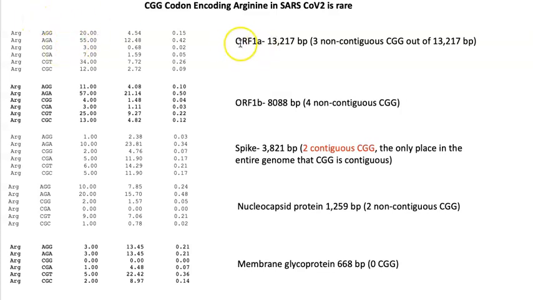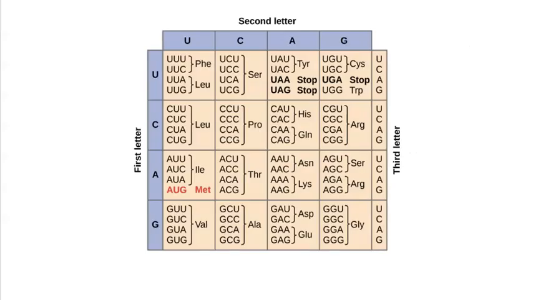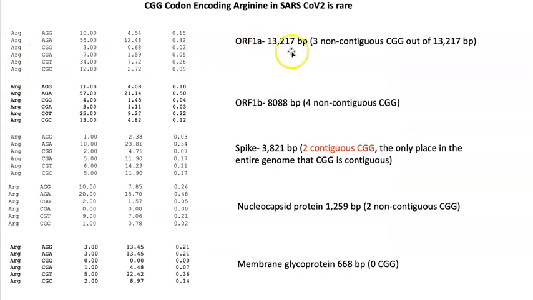If we look at ORF1A, for example, this is a big region of the SARS-CoV-2 genome. It's 13,217 base pairs long, so over 13,000 of these individual chemicals long. But of that 13,000, only 3 codons, so 9 bases total, are CGGs. So 3 out of 13,217.